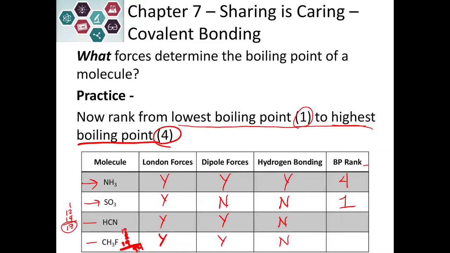So that means HCN is smaller, so that's going to be number 2. CH3F is a little bigger, so that is number 3. So that is how you rank your boiling points. Figure out your forces, tally them up. The one with the most forces is the highest boiling point. The one with the fewest forces is the lowest boiling point. Anything with a tie will be broken by size.